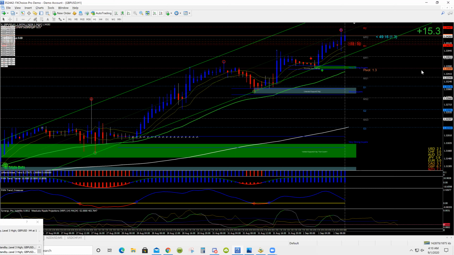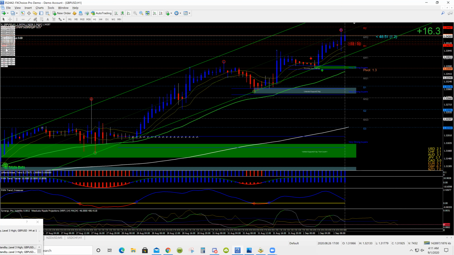Now, it's at the top already, so yeah, I could move my stop loss to break even. But it could come back and then go back up, so I'm giving it a little bit of room, because I like the strength of the pound and dollar, and I believe it's going to continue up. Okay, so that's where I'm at with pound dollar.